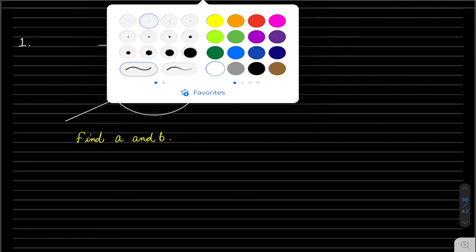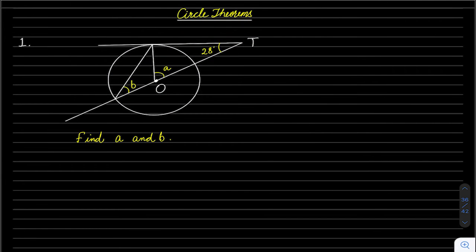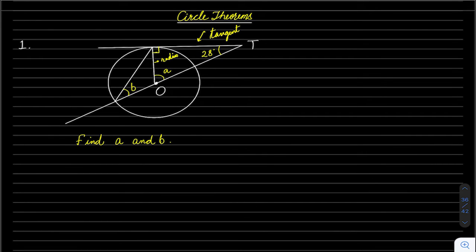So this is my tangent, right? So this is my tangent and this is my radius. So we know the angle between tangent and radius is 90. So this angle is 90. Right? So once you see the diagram, you will automatically see this.